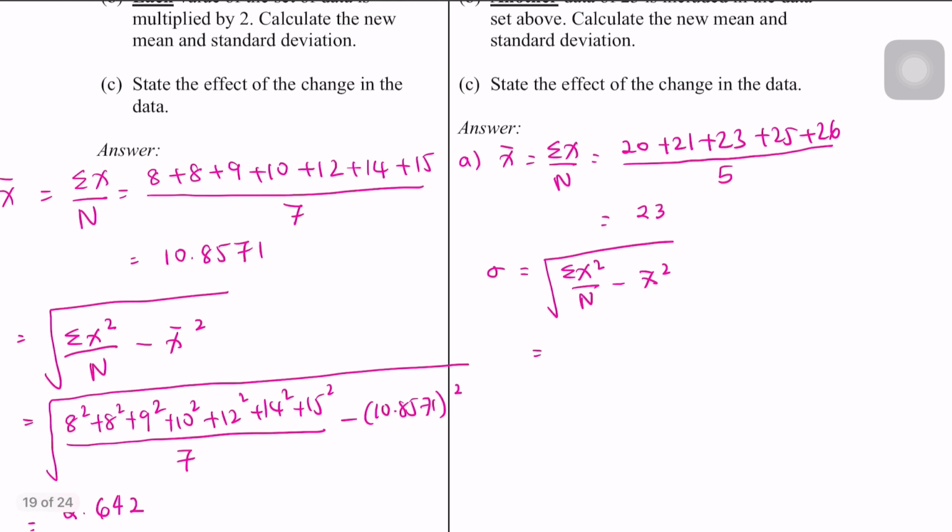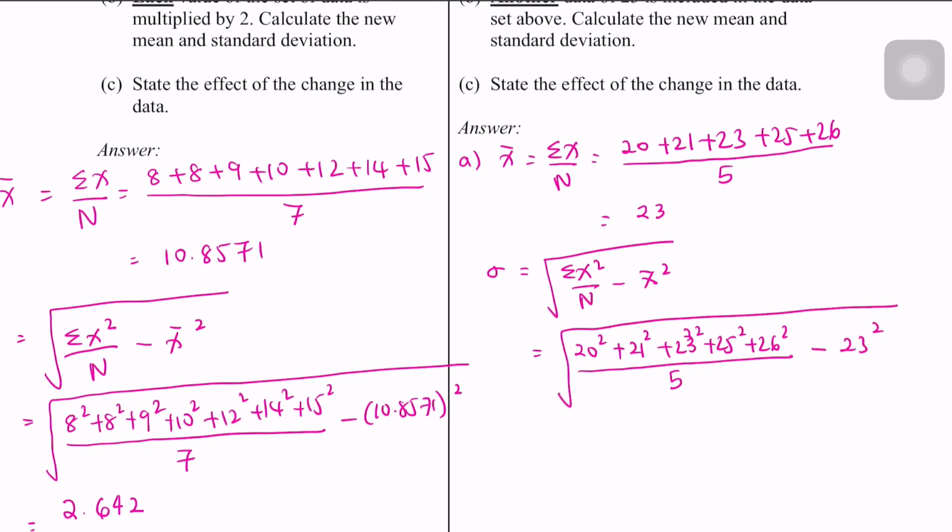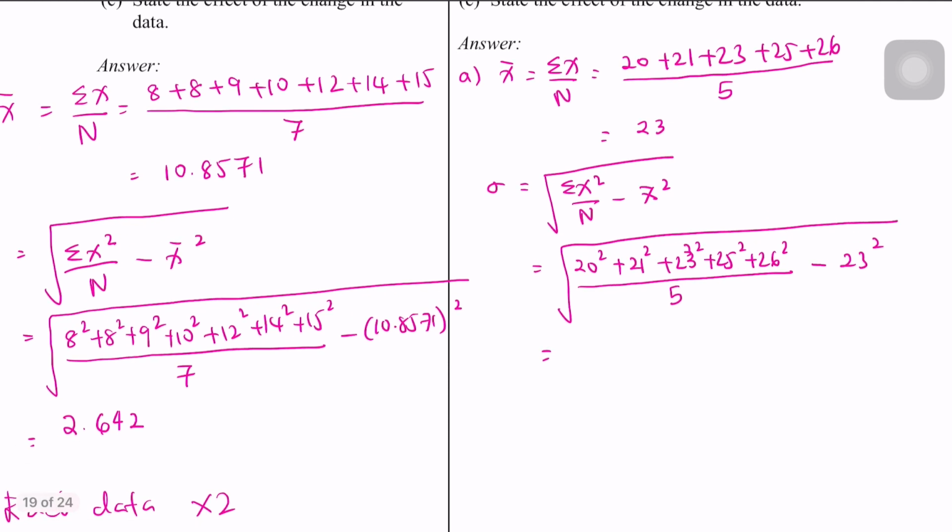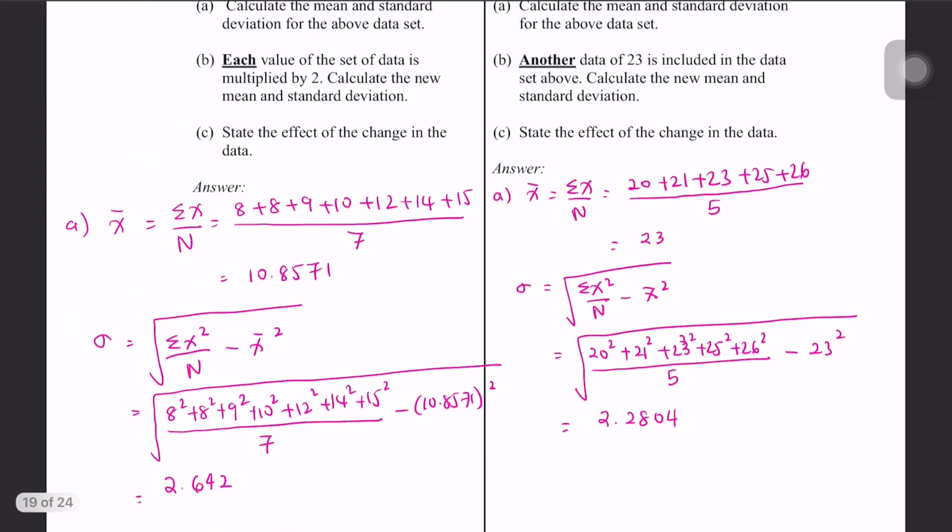So kita ada 20 square plus 21 square plus 23 square plus 25 square plus 26 square divide by 5, minus our mean is 23, kita squarekan dia, square root. Press your calculator carefully, jangan salah. So you will get 2.2804. Boleh?